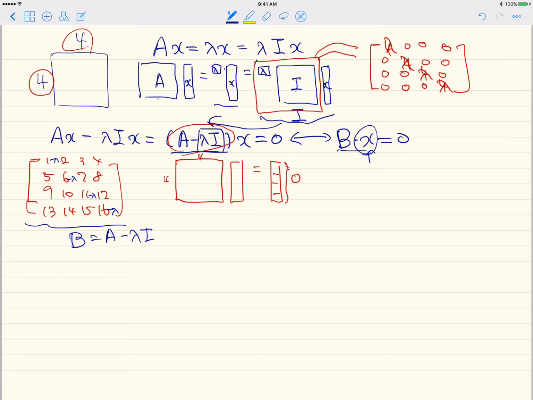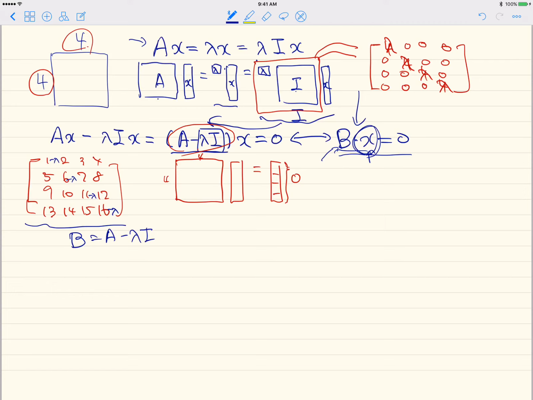So what is x? X was the eigenvector satisfying this, and then we just simply manipulated this equation and arrived at this equation. This equation is a really familiar form to us because we are given a matrix B, and we have to solve for this non-zero vector x, right?